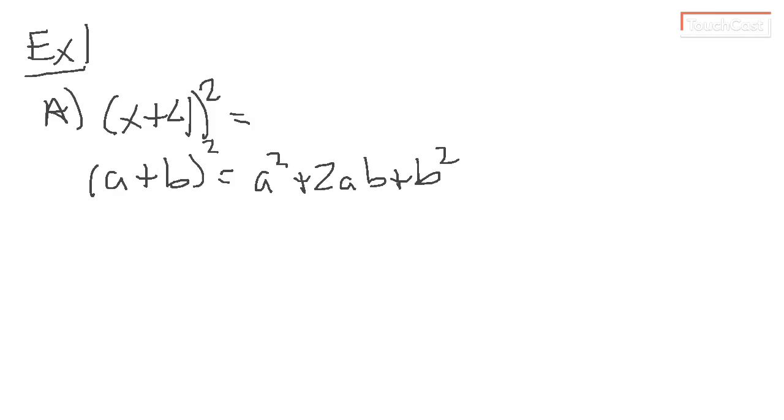So instead of foiling, which is a perfectly fine way to solve this problem, we're going to just take the x, which is in place of a, square it, plus 2 times a, which is x, times 4, which is now in place of b, plus 4 squared. And then we simplify it.